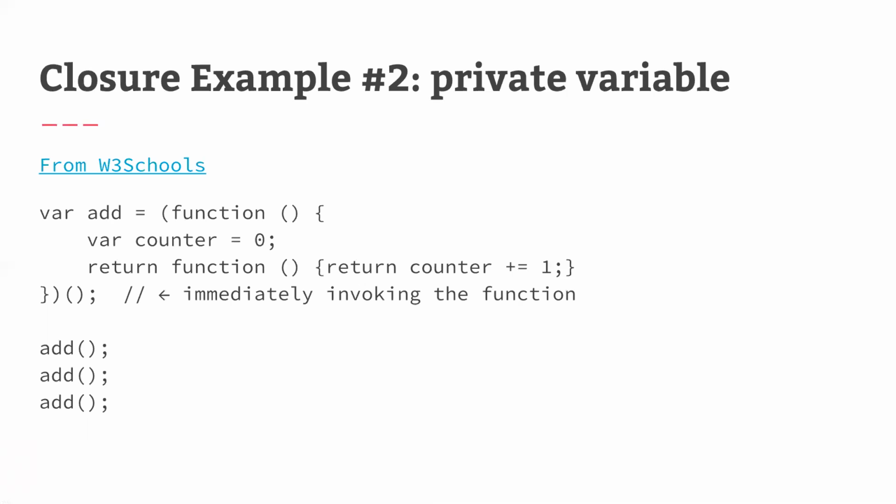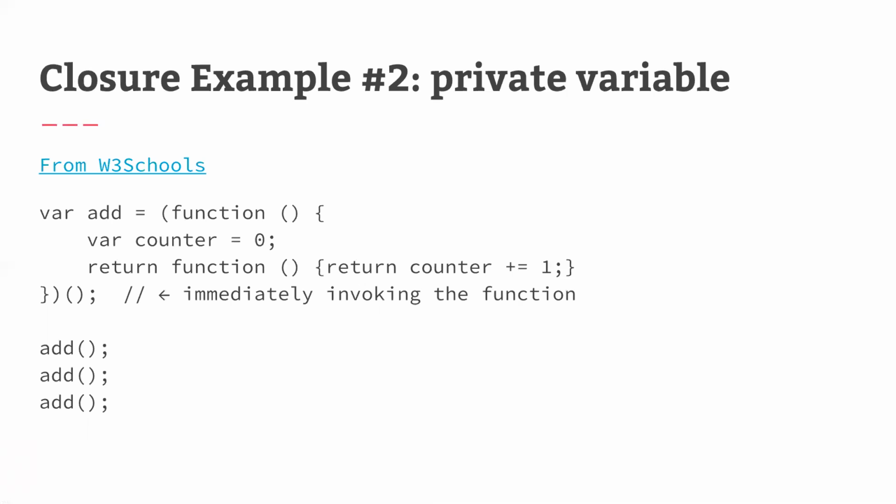You could just define counter as a global variable up here, right? But then somebody goes into their console in their browser and they're like, counter equals 18,000, right? Whereas they can't do that if you have it as a private variable.